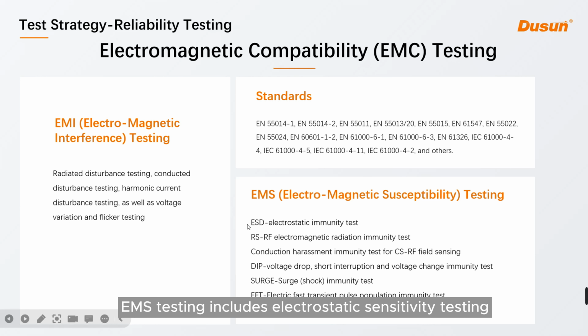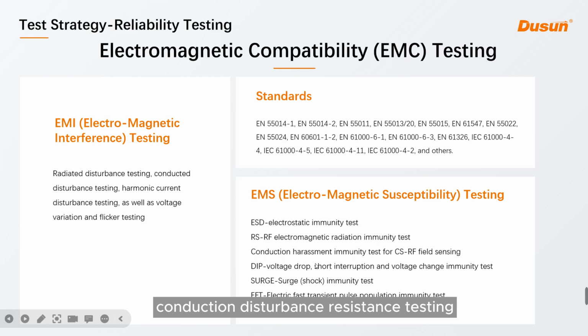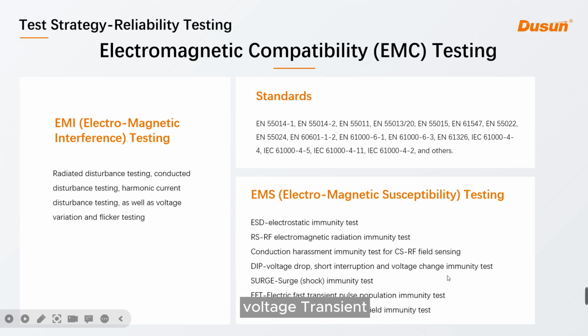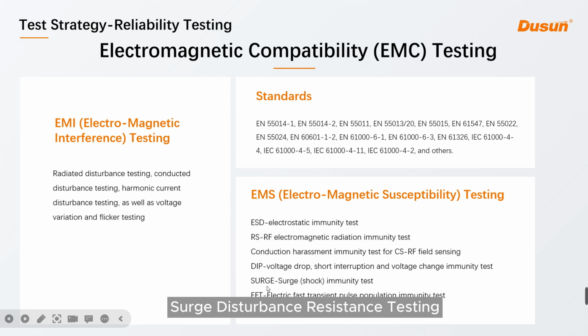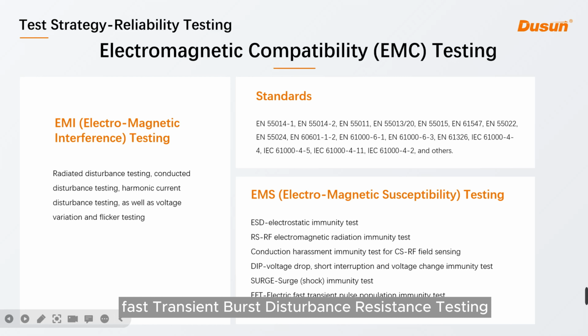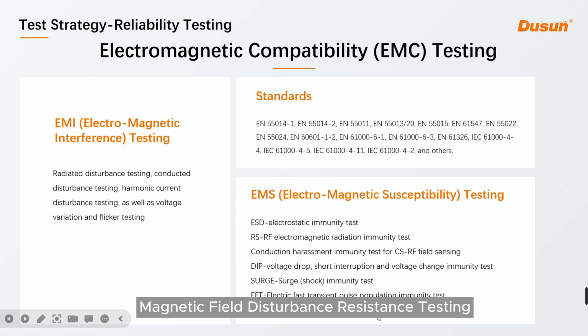EMS testing includes electrostatic sensitivity testing, RF electromagnetic field radiation resistance testing, RF field induction conduction disturbance resistance testing, voltage transient, short-term interruption and voltage variation disturbance resistance testing, surge disturbance resistance testing, fast transient burst disturbance resistance testing, and power frequency magnetic field disturbance resistance testing.